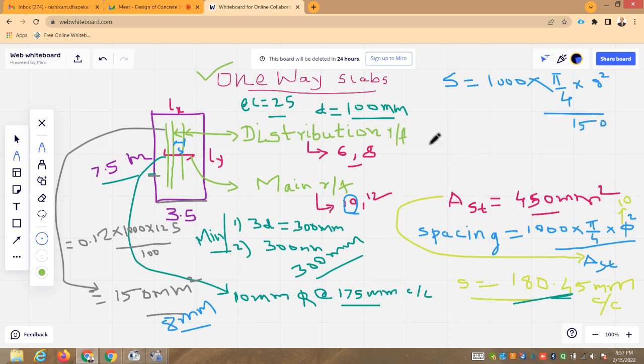Now you tell me the spacing. Pi by 4 into 8 square. Generally 8 mm dia bar, area is 50. How much you are getting? 333 point something like this. 333 point something you are getting.